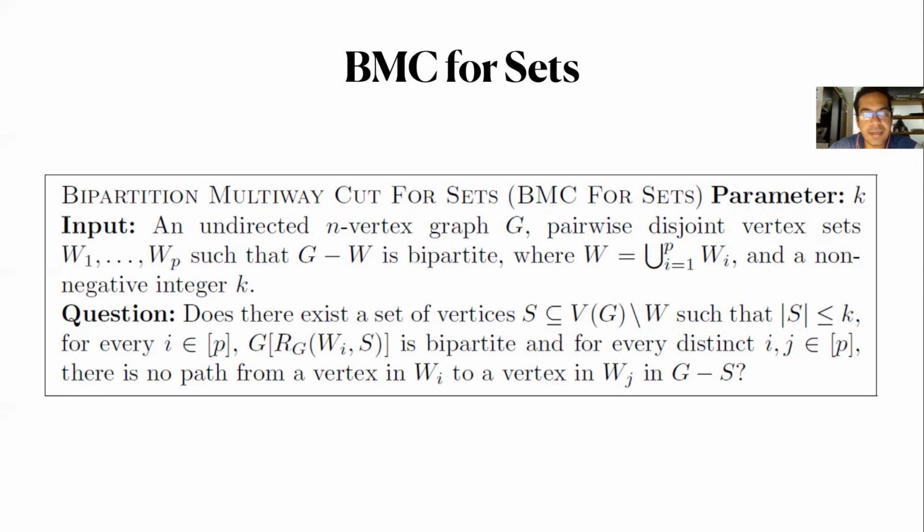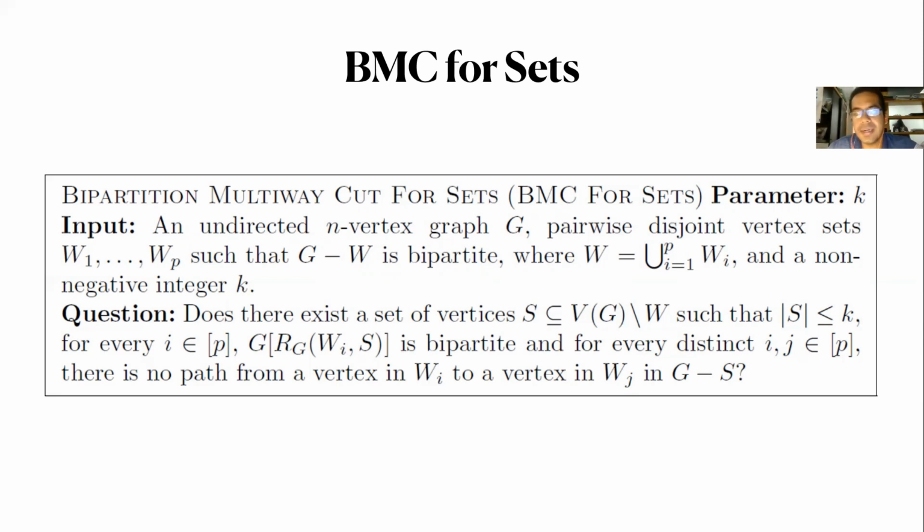The question is whether there exists a set of vertices S in V of G minus W such that the cardinality of S is at most k, such that for every i in p, the reachability graph of Wi after removing S is bipartite, and for every distinct i, j in p, there is no path from a vertex in Wi to a vertex in Wj.